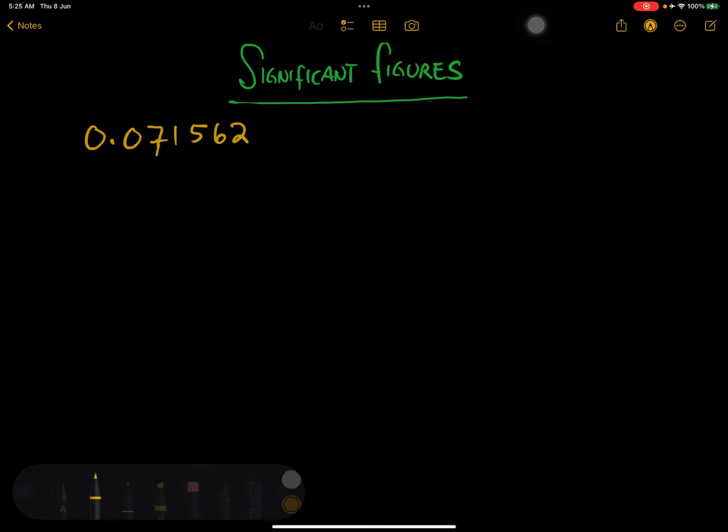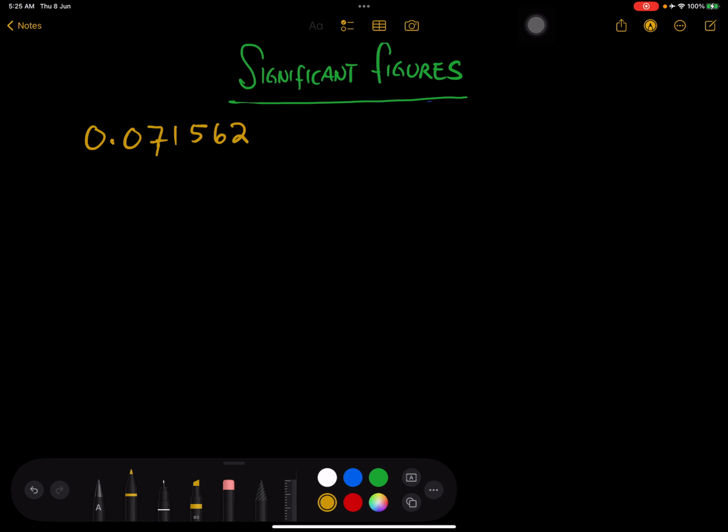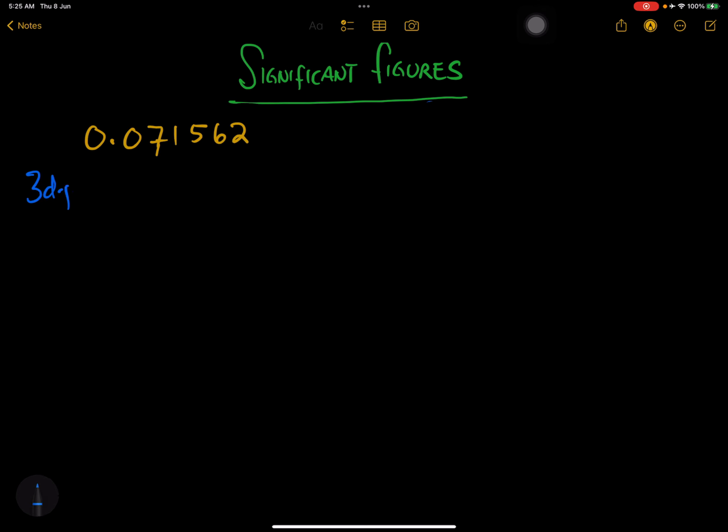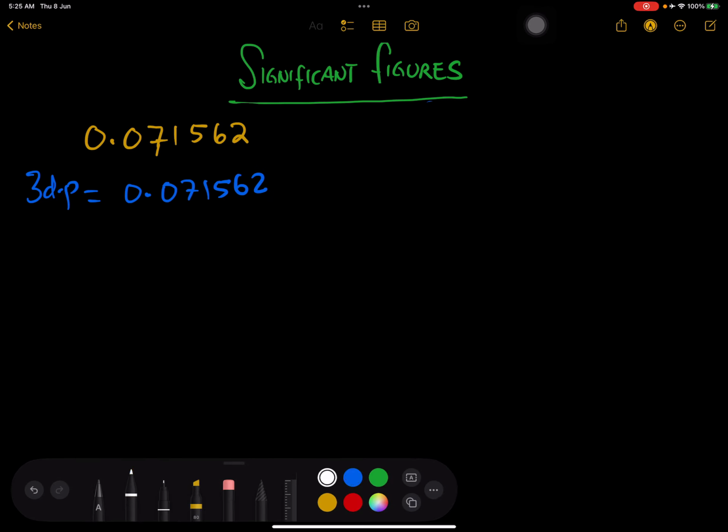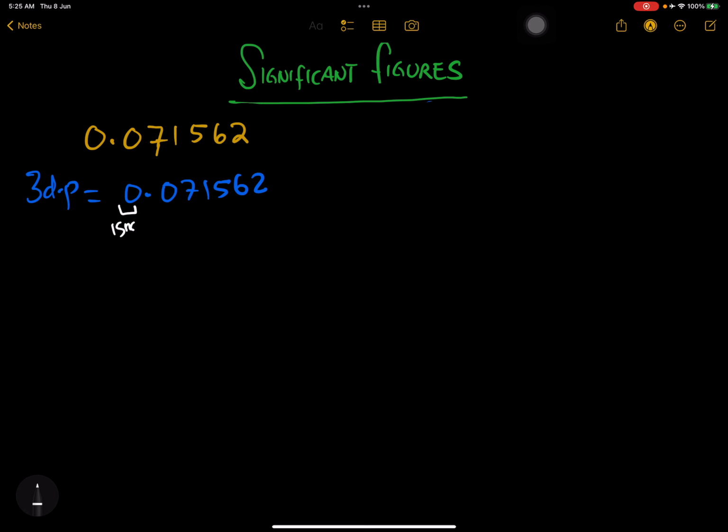Now, remember that if you are being told to do it in 3 decimal places, we're going to have 0.071562. And we said that because this is 0, we ignore, and then right after that too, we ignore, because the number that comes before the decimal point is 0.